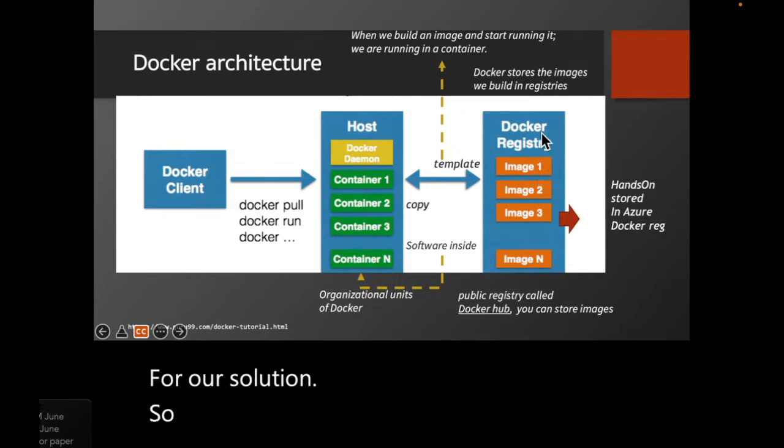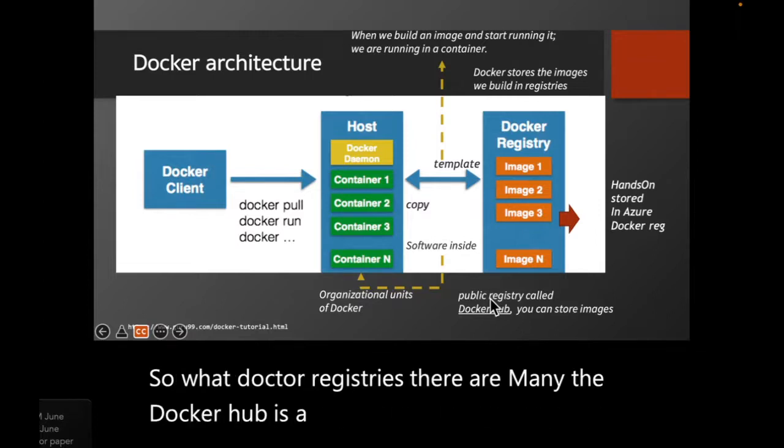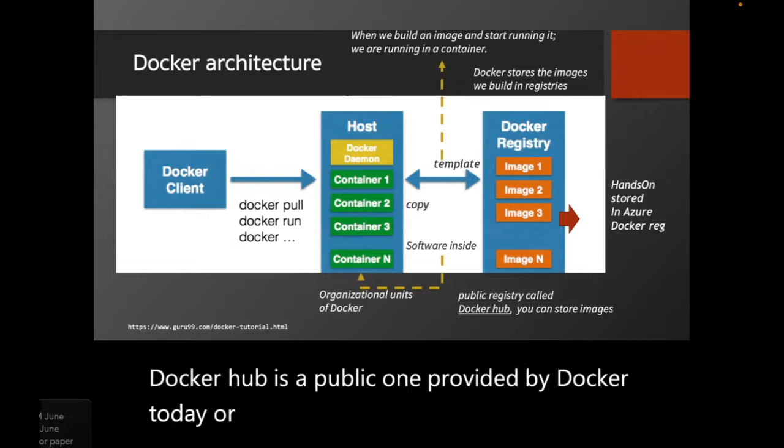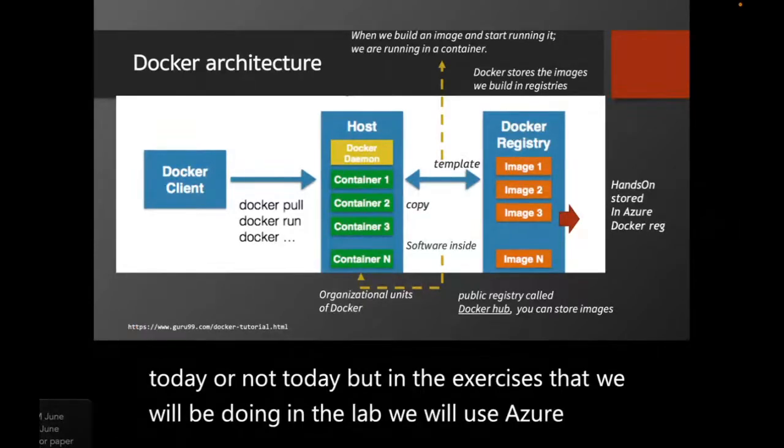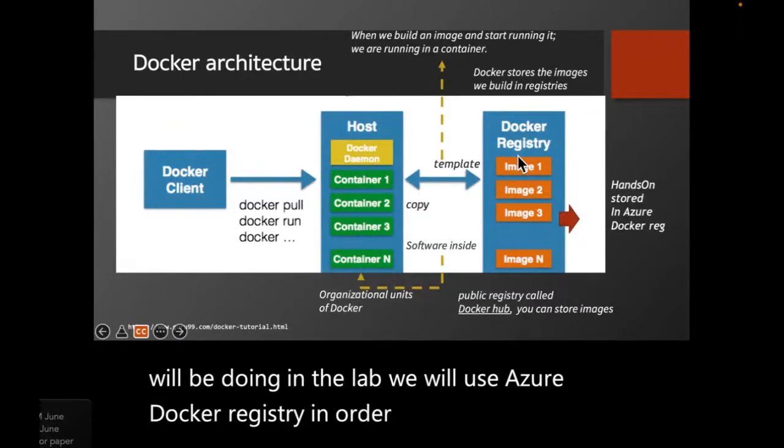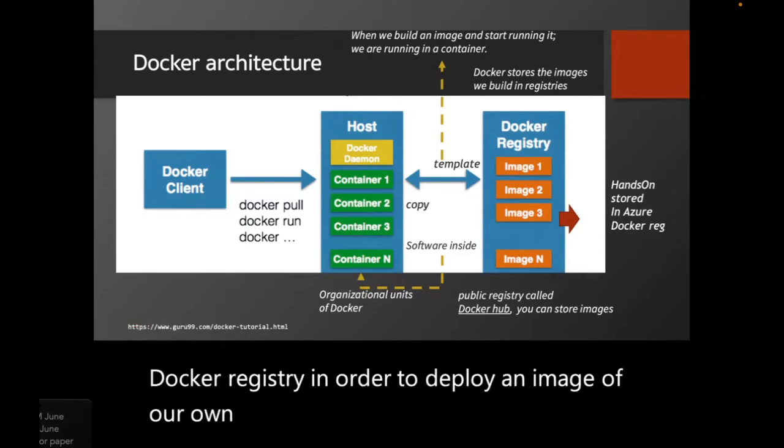Docker registries, there are many. The Docker Hub is a public one provided by Docker. In the exercises that we will be doing in the lab, we will use the Azure Docker registry in order to deploy an image of our own in such a registry.